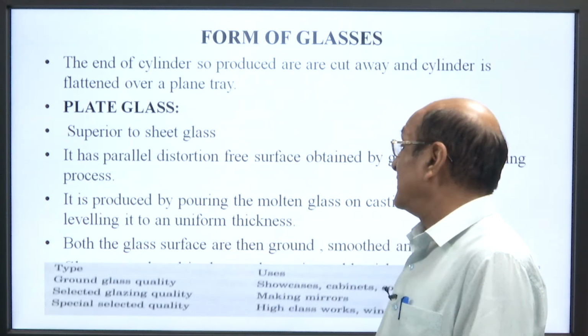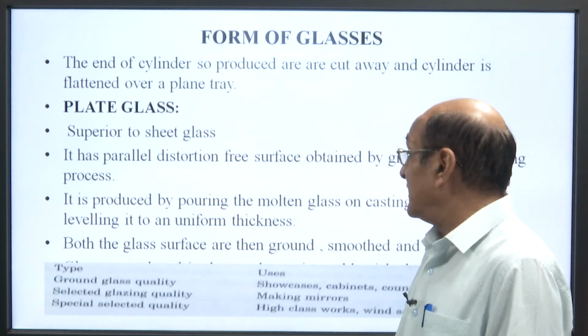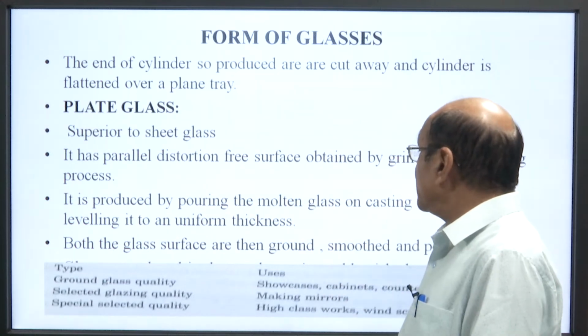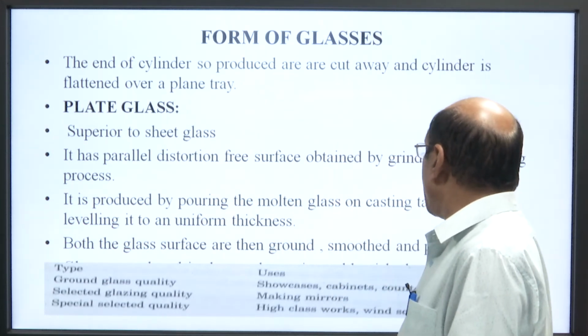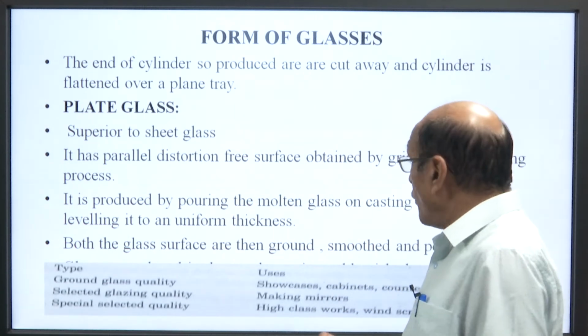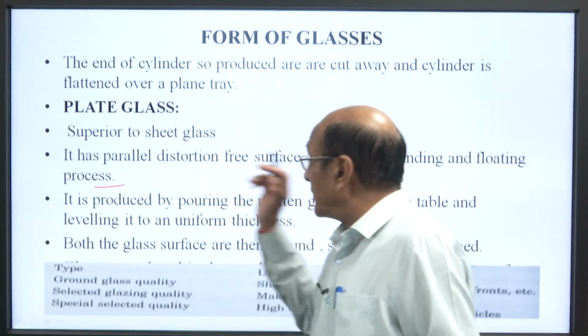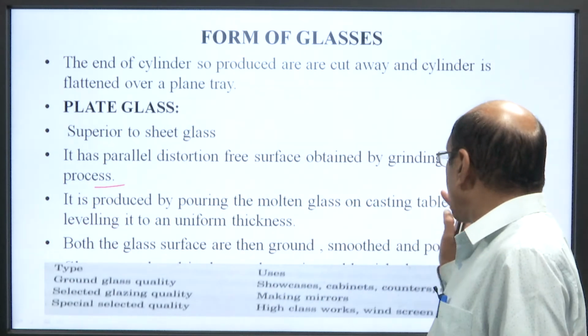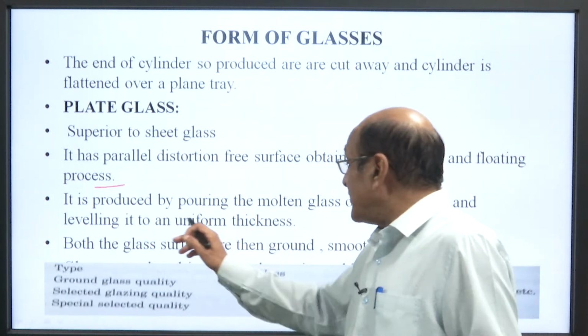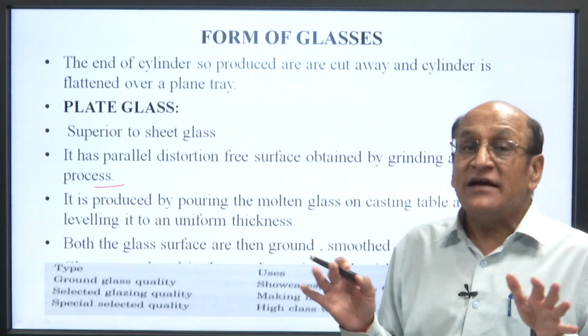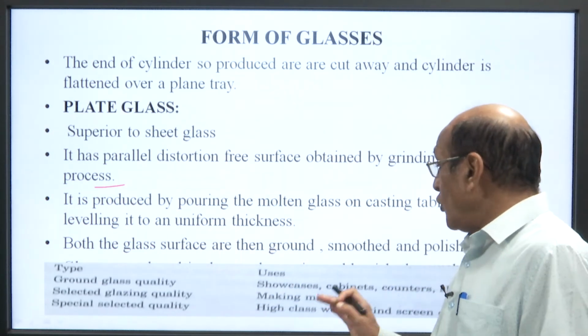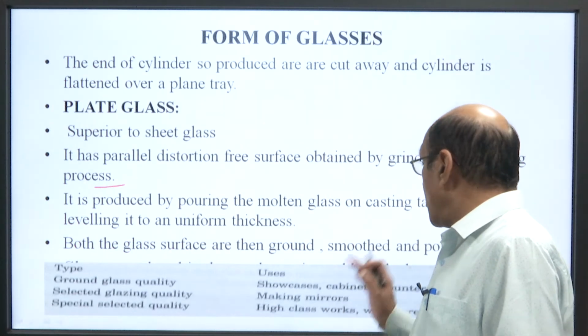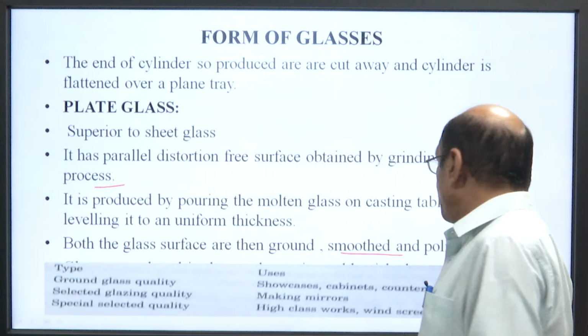Now, plate glass is superior to sheet glass. It has a parallel distortion free surface obtained by grinding and floating process. It is produced by pouring the molten glass on the casting table and leveling it to a uniform thickness. Both glass surfaces are then ground, smoothened and polished.